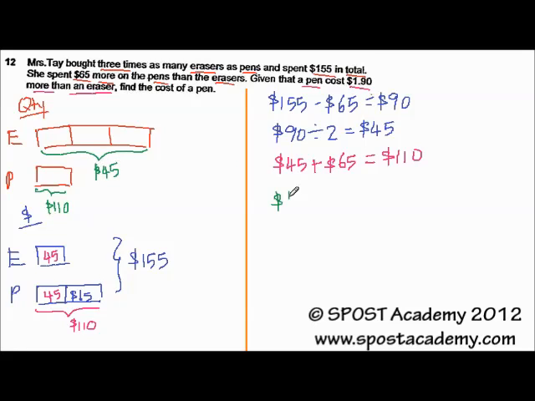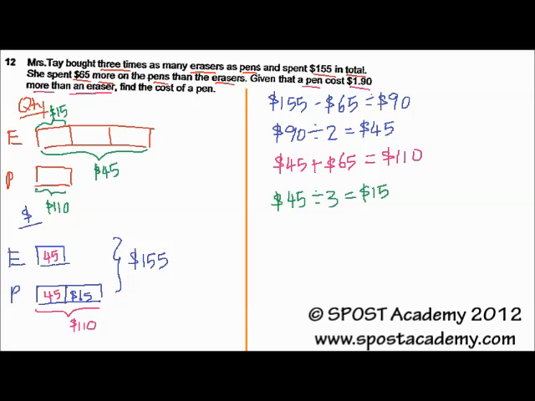And if we were to use 45 divided by 3 to find out how much money is spent on 1 unit of eraser, we will get $15. So $15 here.